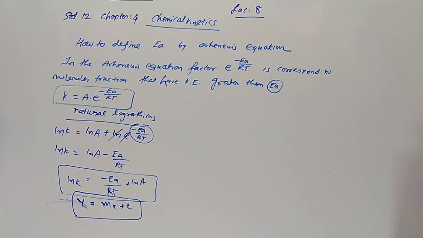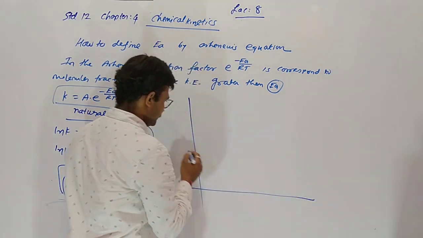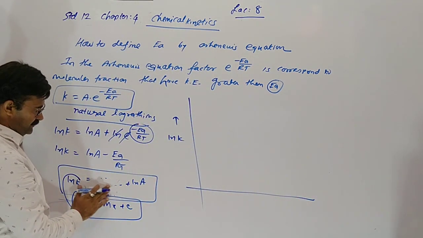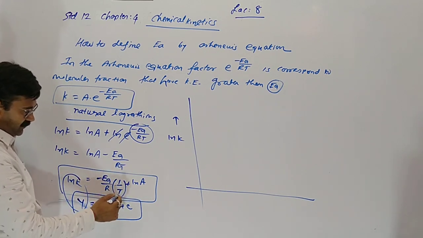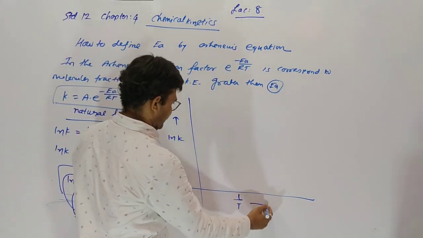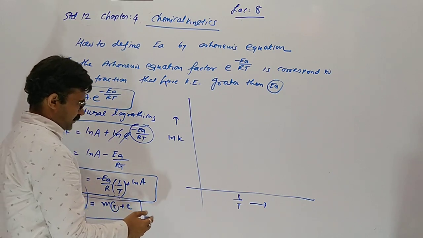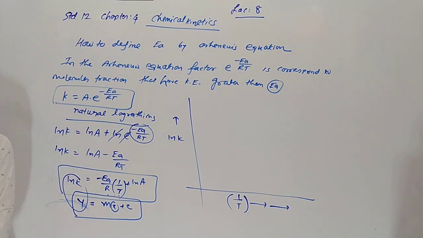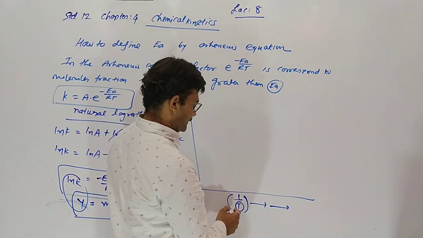Plot ln k on the y-axis and 1 upon T on the x-axis. As 1 upon T increases, T decreases.